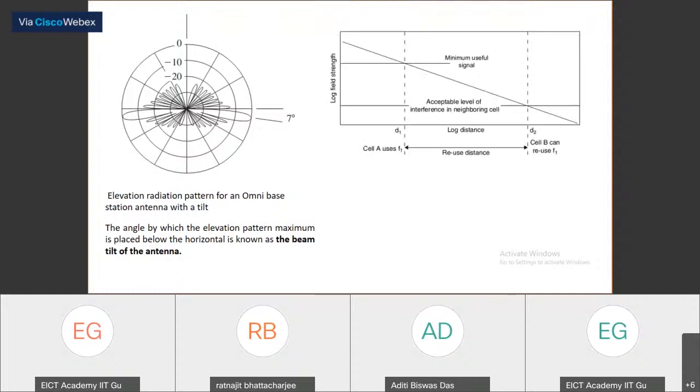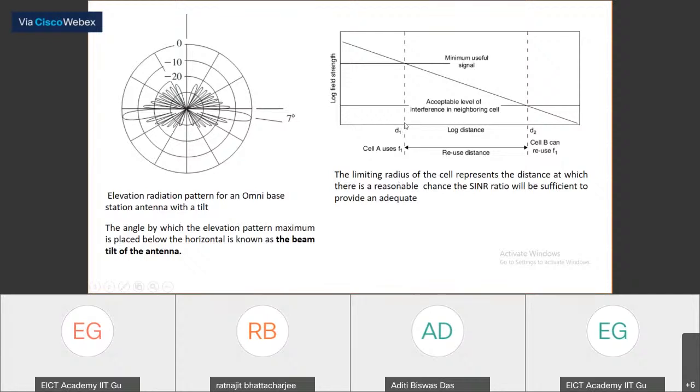Now, how can you provide this beam tilt, and why is it needed? How do beam tilts help? So, if you look at the fall of power with distance from a base station, the limiting radius of the cell, this is the cell at D1, represents the distance at which there is a reasonable chance that the SINR will be sufficient to provide adequate coverage.